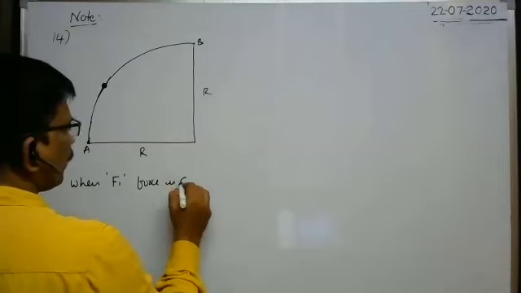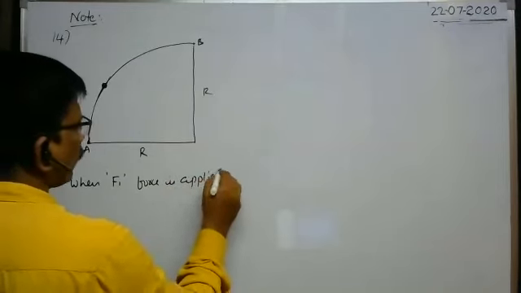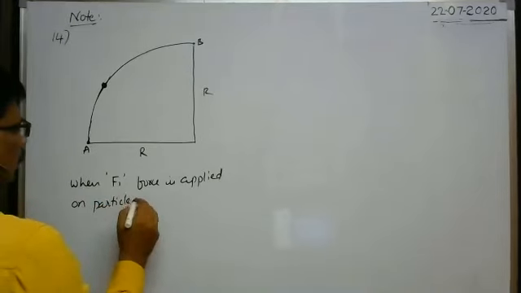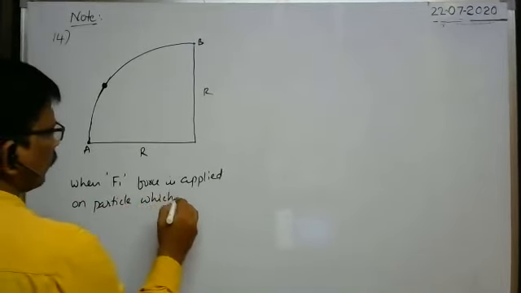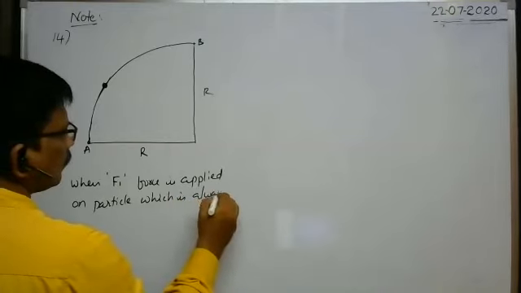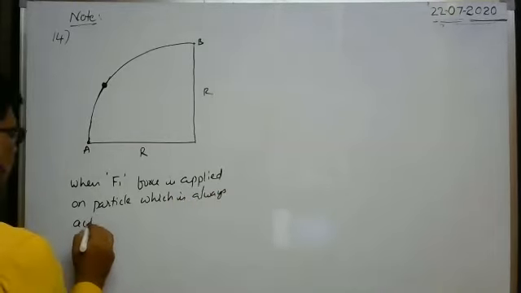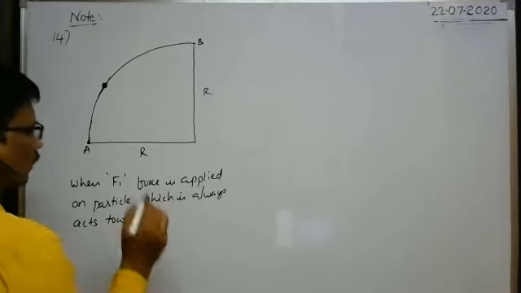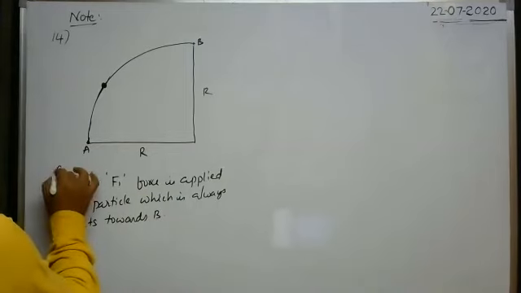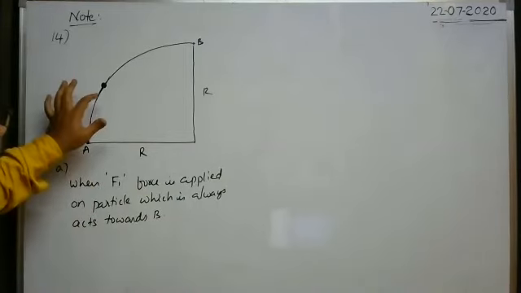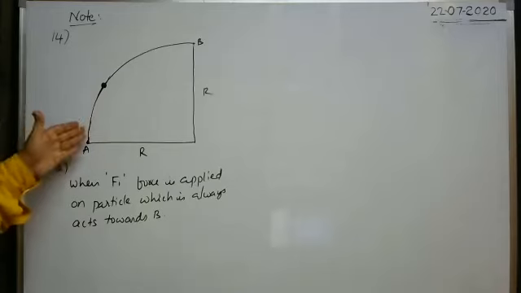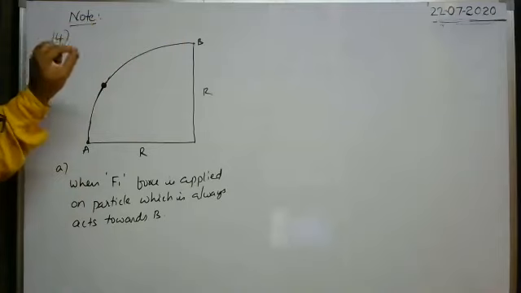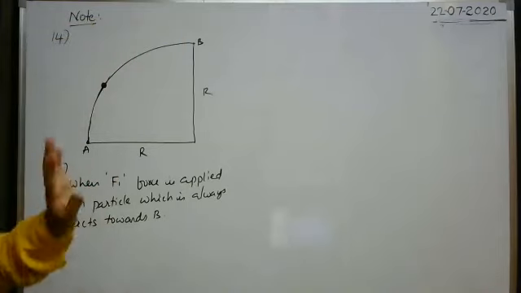F1 force is applied on the particle, which is always acting towards B. This is an important point. In this first case, when F1 force is applied on a particle, whatever the position of the particle while moving from A to B along this arc of the circle, the force acting on the particle is always towards B. That is very, very important.